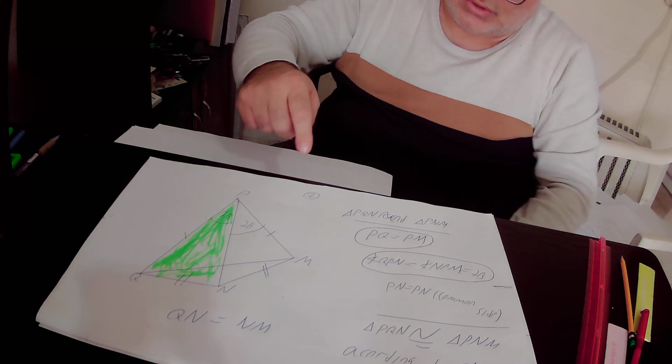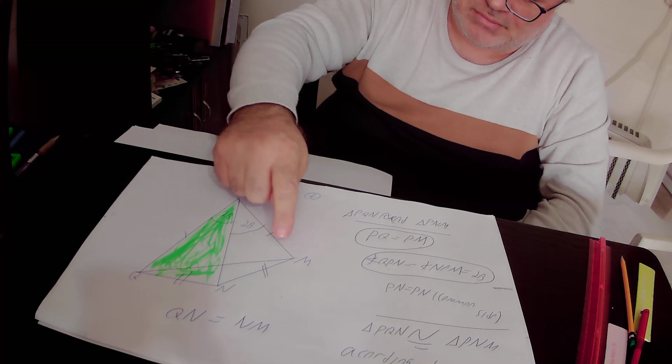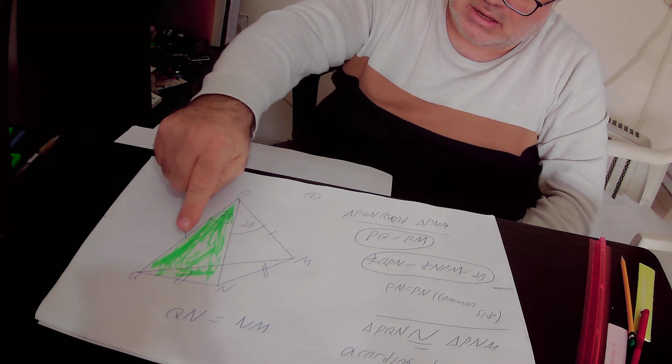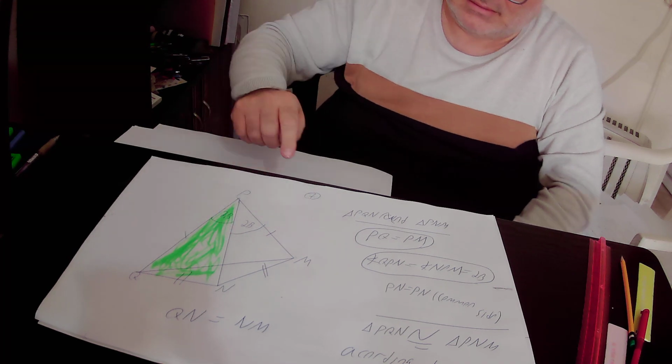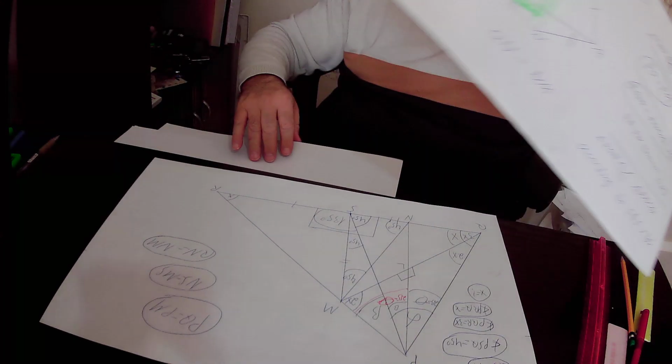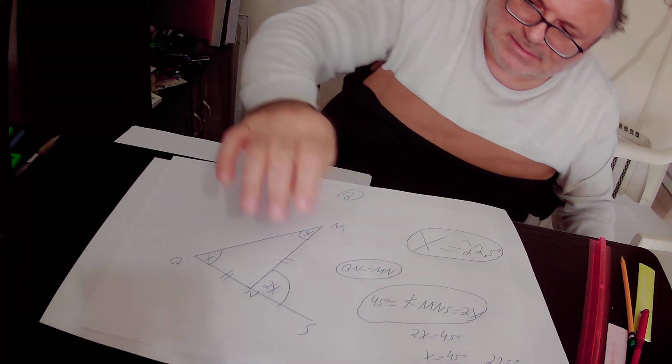We connected together points M and Q by a straight line, and I drew on a new page triangle QMN. This is triangle QMN.